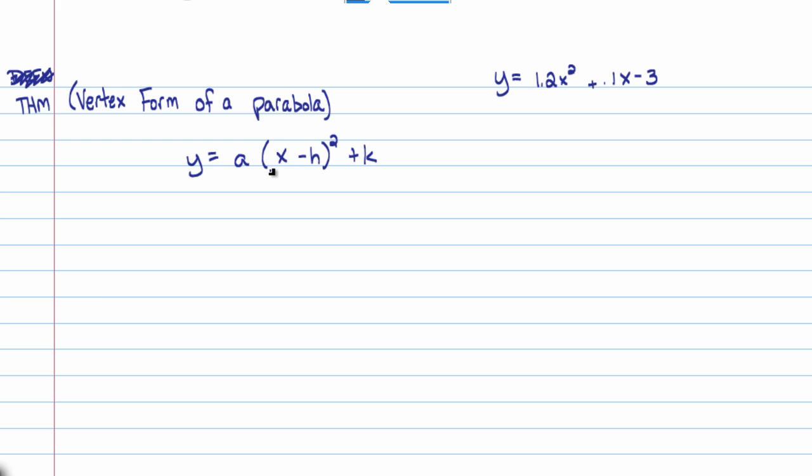If somebody is nice enough to hand you a quadratic equation in this format, then you know the vertex is going to be at h comma k, and you happen to know that it opens up if a is positive, down if a is negative.